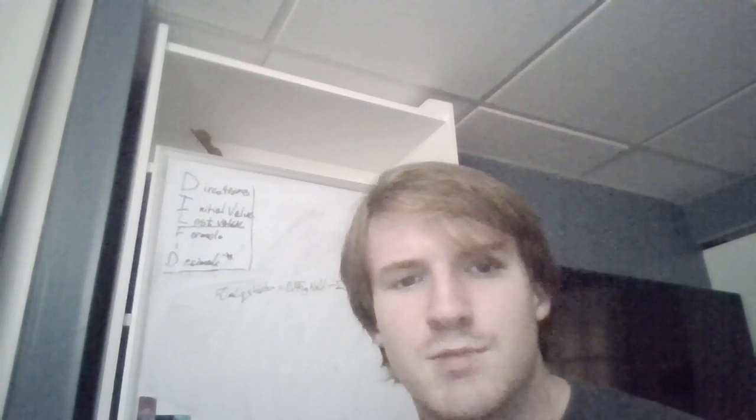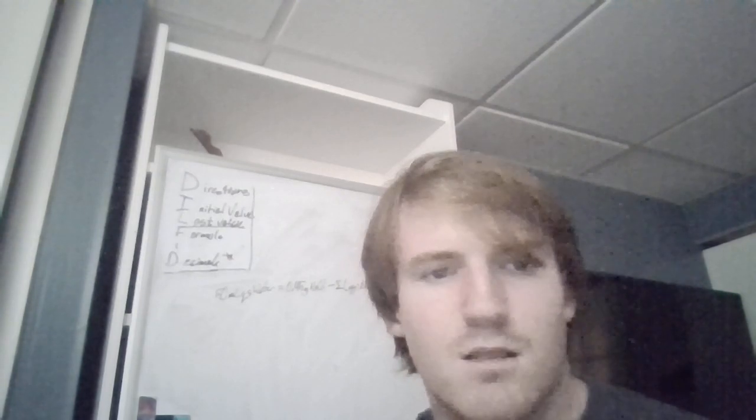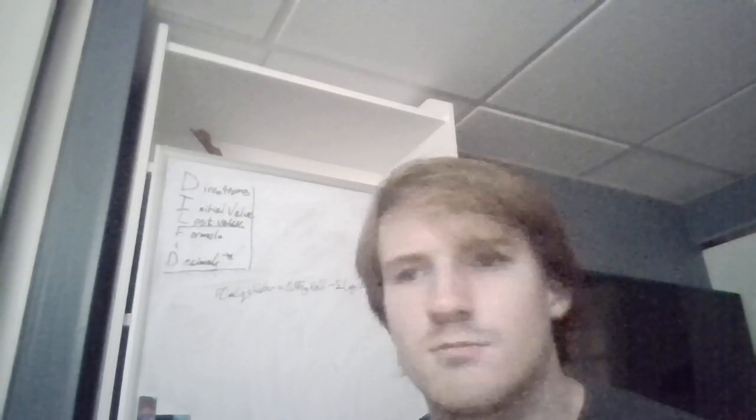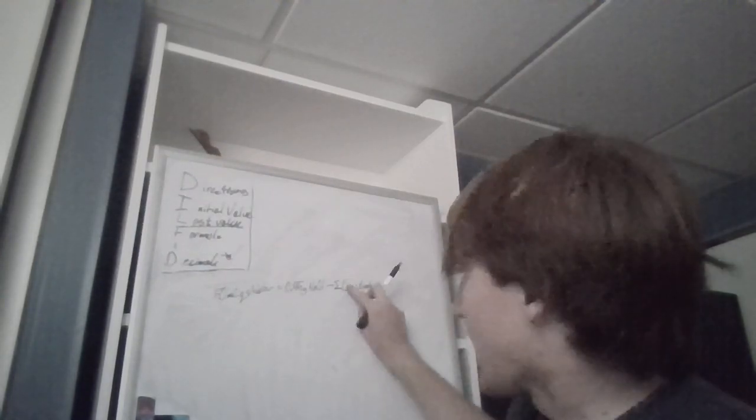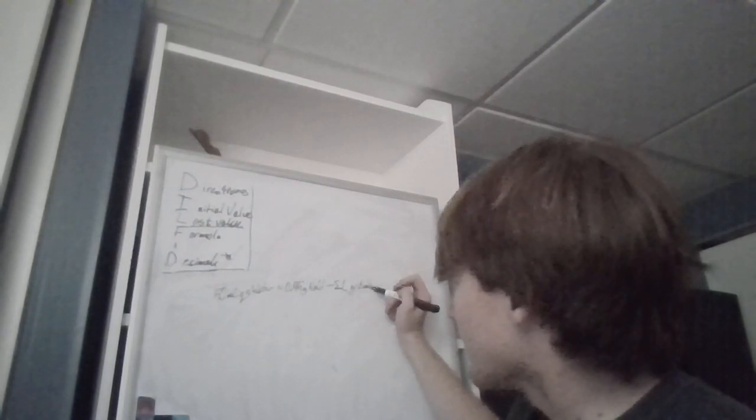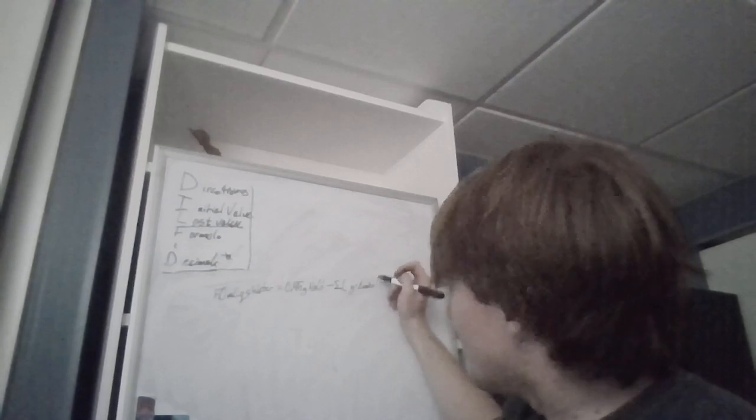I almost want to say it's mEq, but I don't feel like that's right. Hold on 1 minute. Okay, so Ashley was wrong on both counts of that. You use grams times the E value. Then you add them all together, subtract from that, and you get how much salt you need to add.